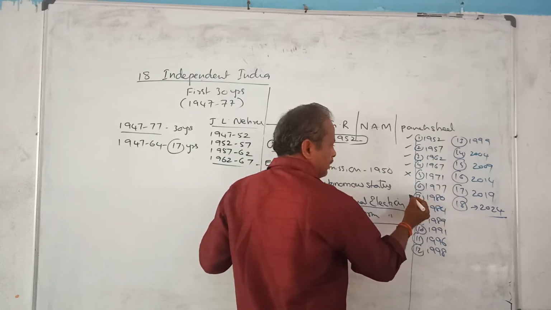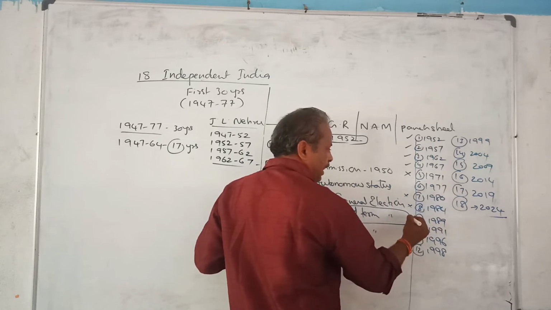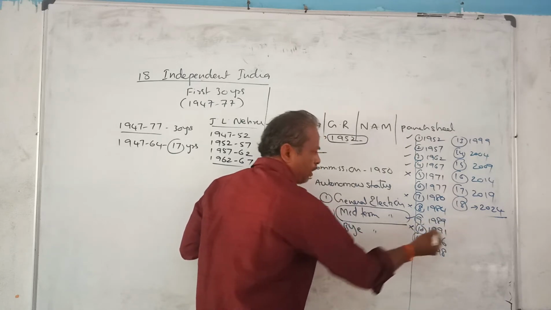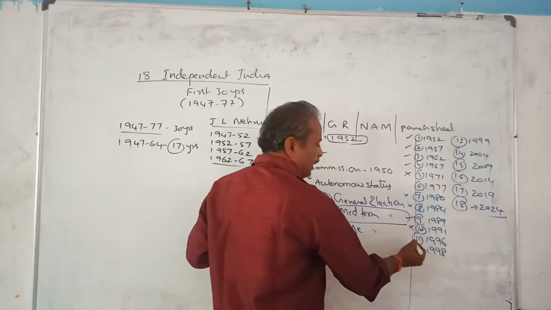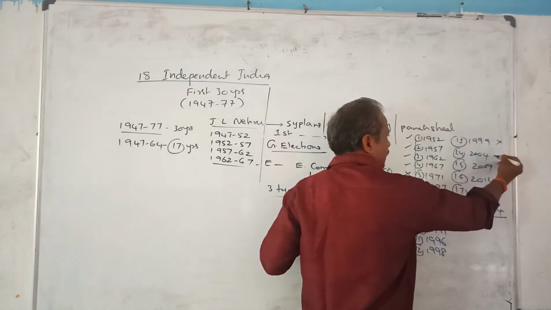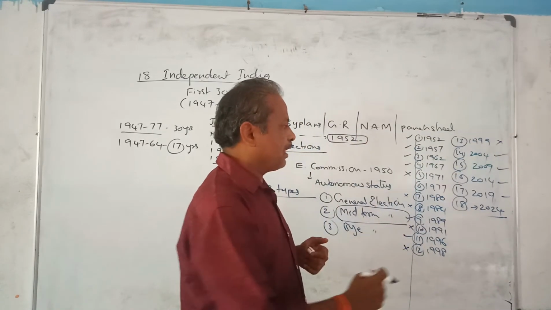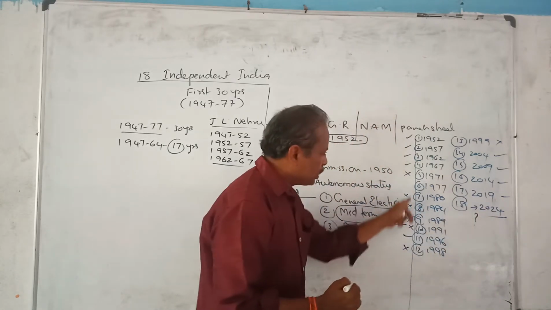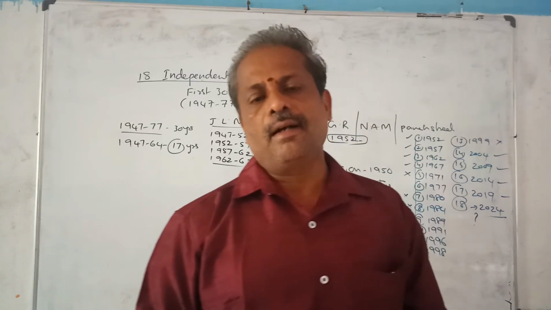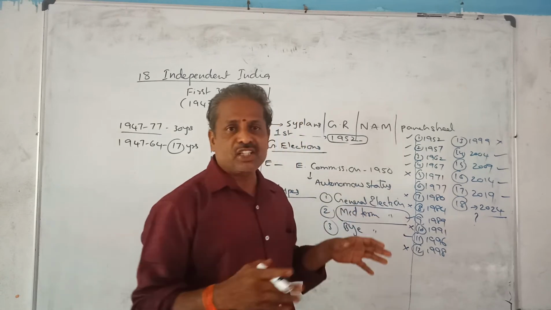And here 1980, 3 years only; 1984, and this is general, and this is midterm. 1991, within 2 years the government collapsed, and then 1998, 1999, and the remaining all are coming under general election. It means the years marked with a cross are considered midterm elections. And then we come to know about by-elections.